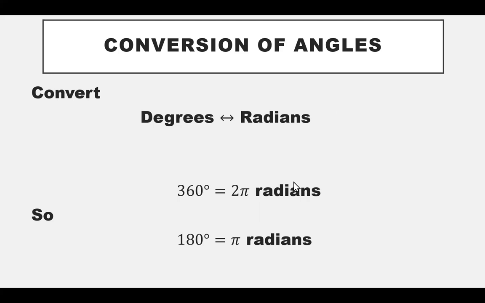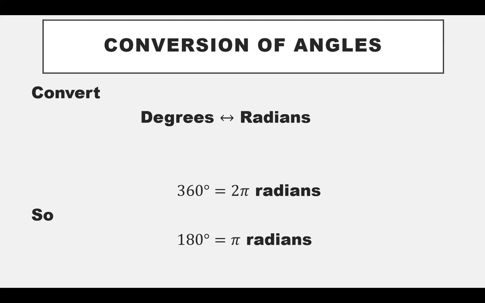Now, oftentimes we don't use that one because of the coefficient of 2 here. Oftentimes, instead of using 360 is equal to 2 pi, we use 180 degrees is equal to pi radians. That way I don't deal with the coefficient of 2 there. So most times people use this identity in order to do conversions.